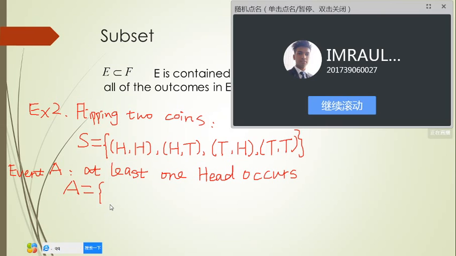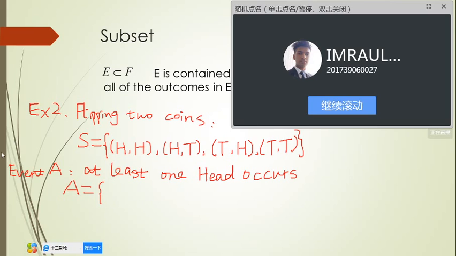How can we list all the outcomes? Not available? Emika. Anyone else can answer the question? How can we list the outcomes in the event A? At least one head occurs.